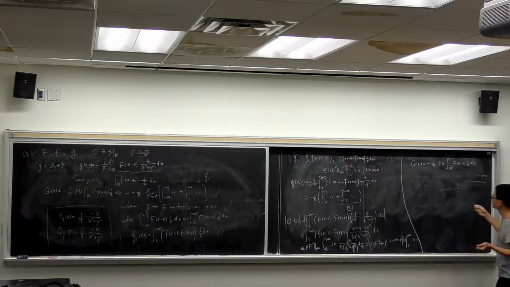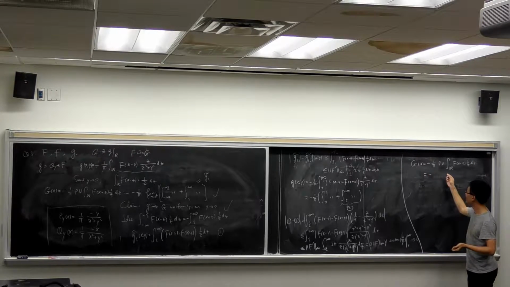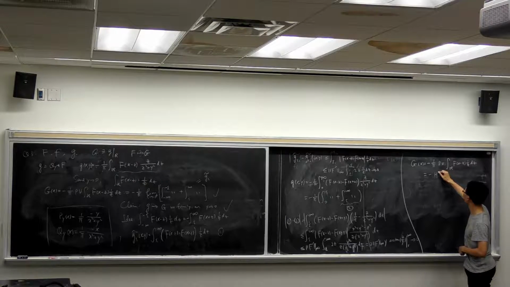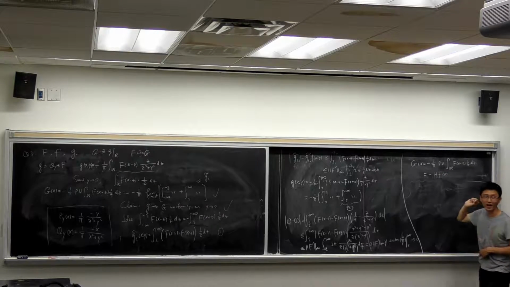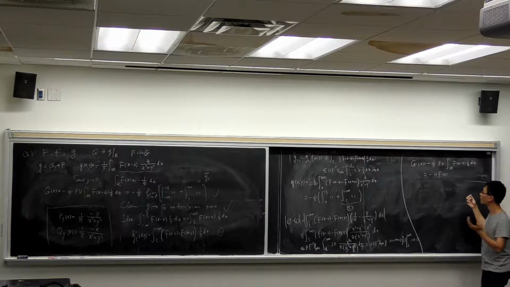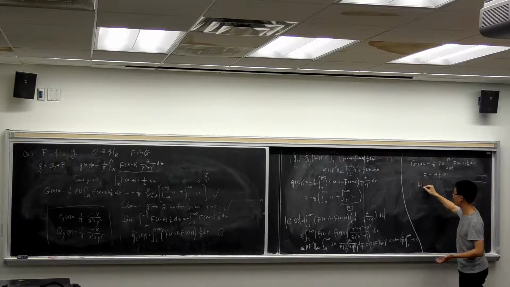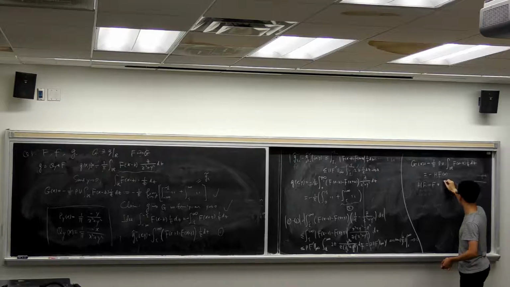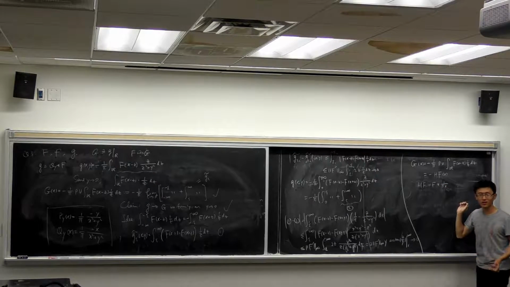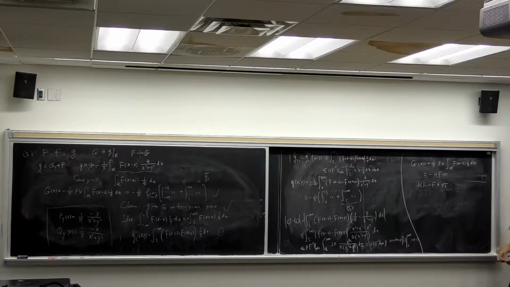So this is the so-called Hilbert transform of capital F at x. Hilbert transform is formally defined as f convolved with 1 over pi x. So this is one way to see the relation between capital F and capital G.